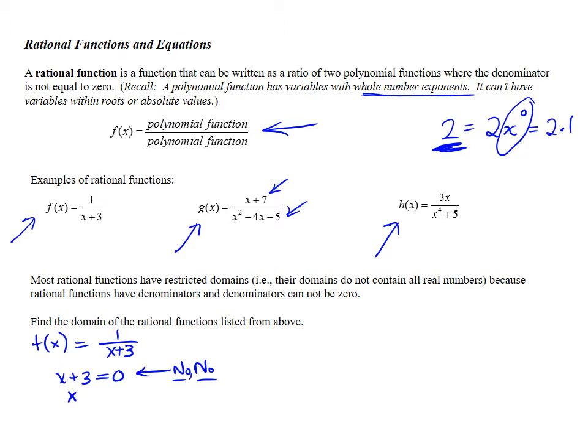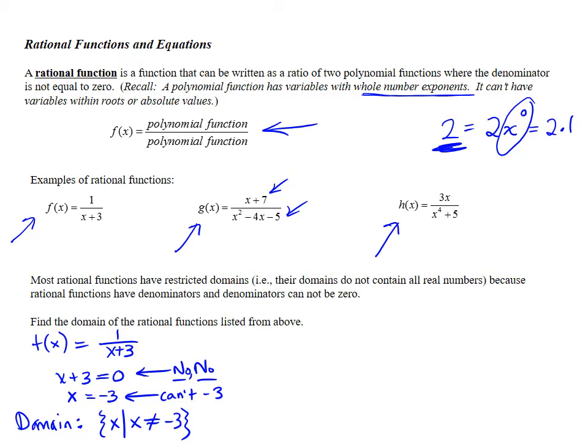So what we're going to do is solve, so subtract the 3 from both sides, and determine that we cannot have a negative 3 in the domain. So we're going to exclude that. The domain is going to be all real numbers except negative 3. So we could say the set of x such that x is not equal to negative 3. That would be a way to write that out very simply in set builder notation.